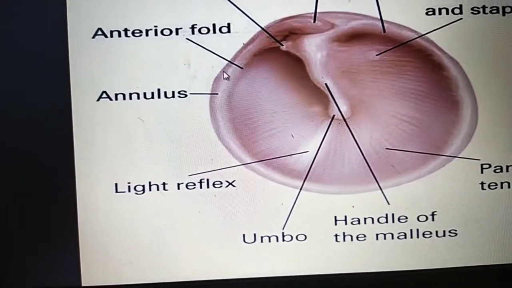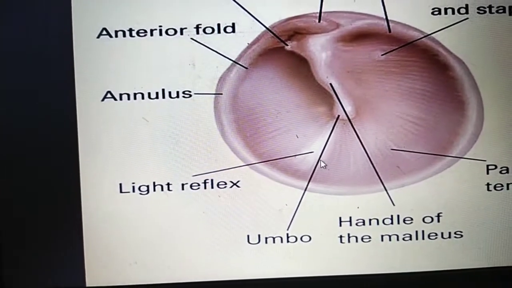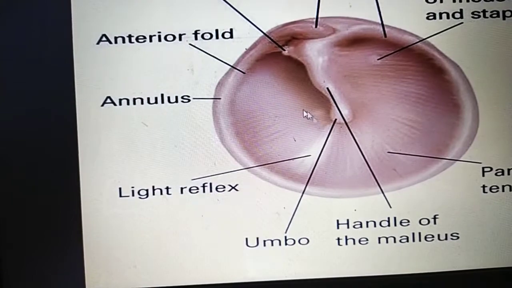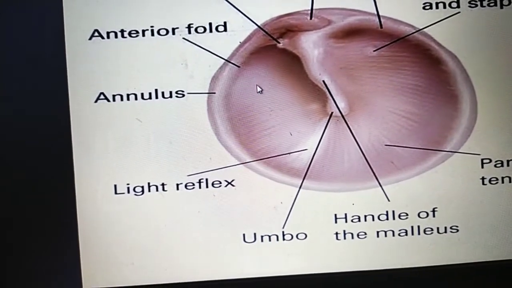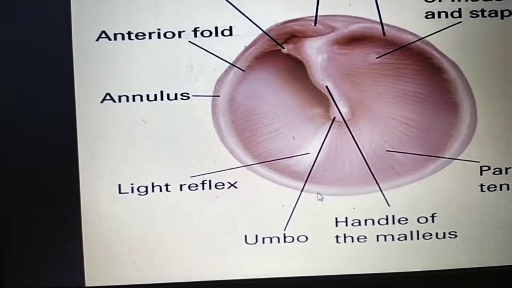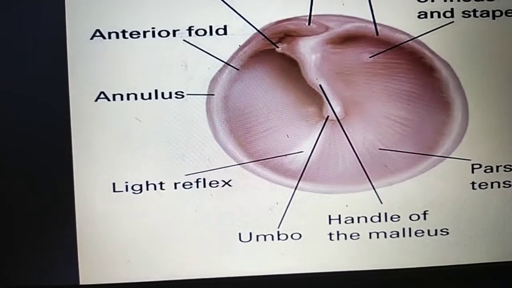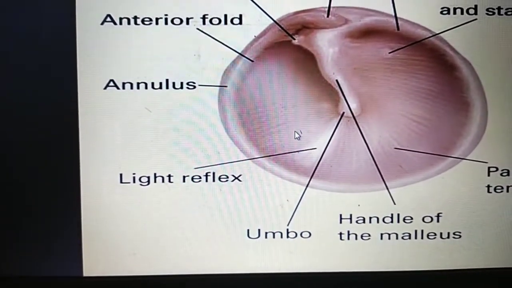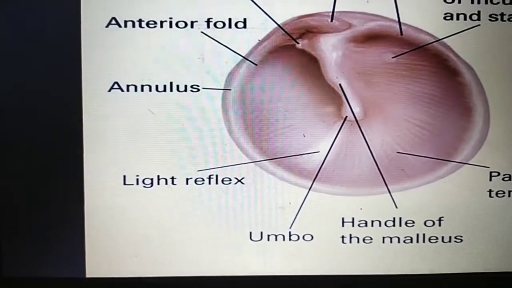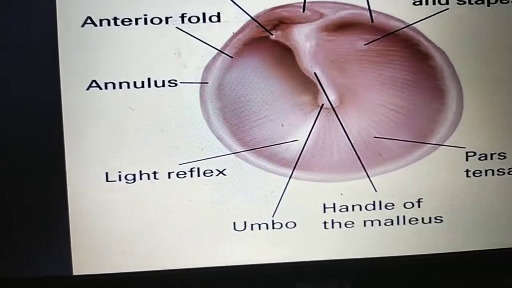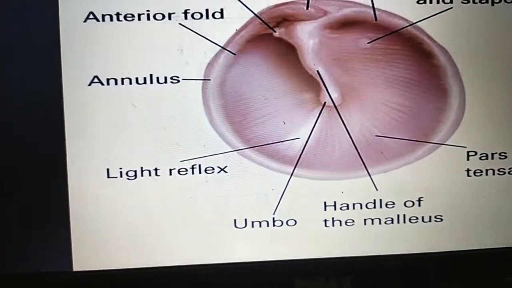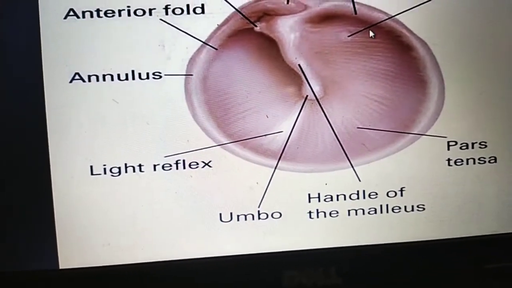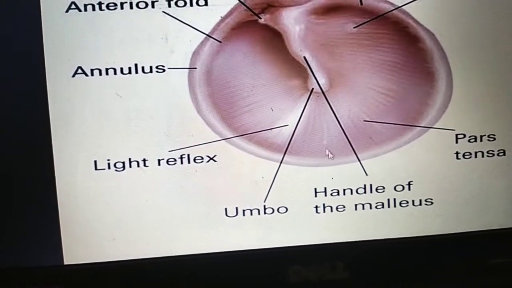It gives the shape to the tympanic membrane. This is the fibrocartilaginous ring, called the annulus.